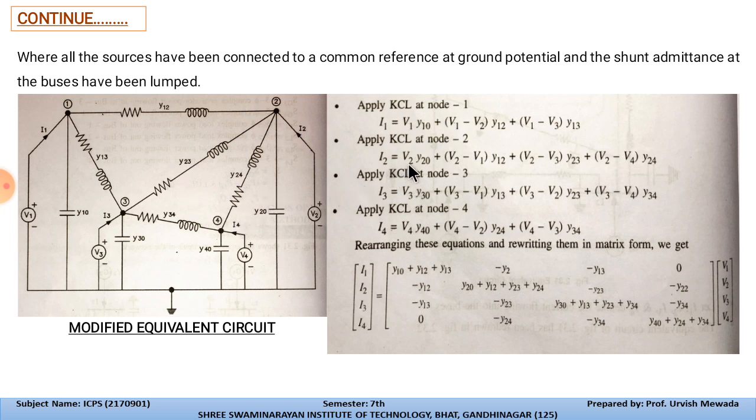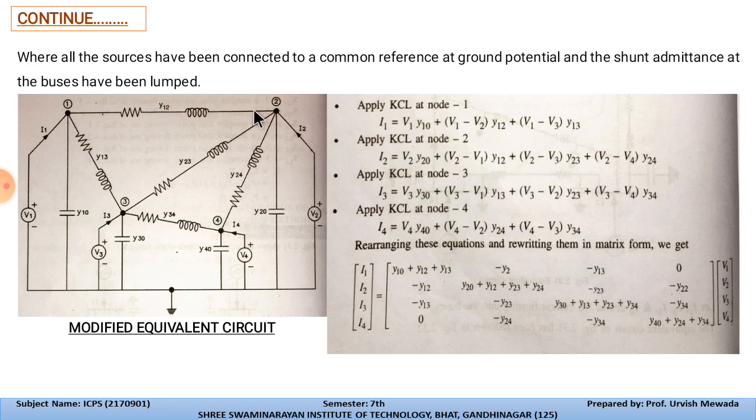So first of all, for y2, its own impedance, it is V2 into its own admittance, so it is V2 into y20. Now for 2 to 1, we are considering from this node to this node, so that is V2 minus V1, and the admittance is y12.